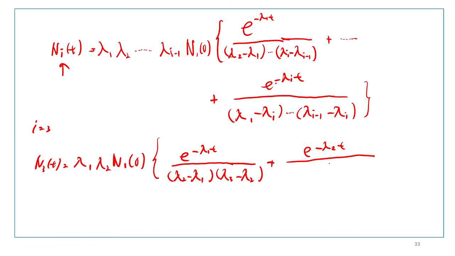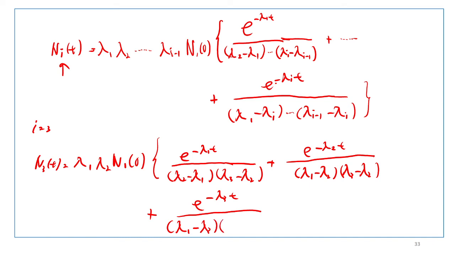over lambda 1 minus lambda 2, lambda 3 minus lambda 2. Okay, plus the final term, e to the minus lambda 3 t over lambda 1 minus lambda 3, lambda 2 minus lambda 3.